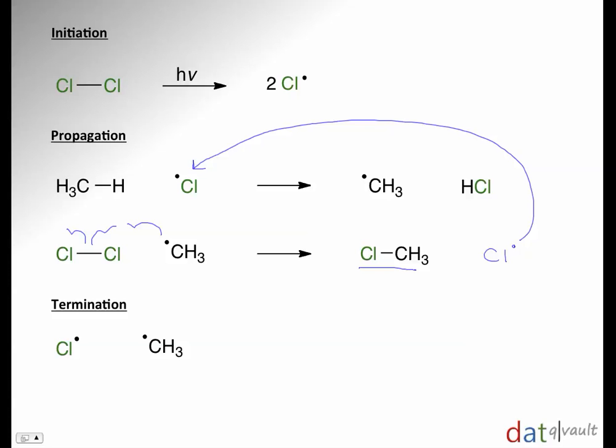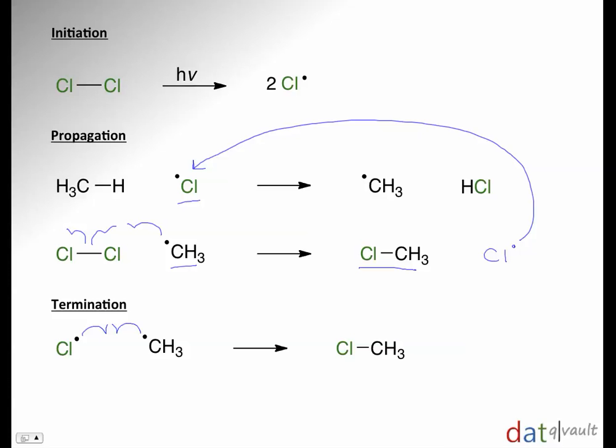So instead of the methyl radical reacting with a chlorine atom, we can have the methyl radical react directly with the chlorine radical, since there are quite a bit of those just hanging out in our reaction solution. So if this happens, we're no longer propagating any more chlorine radicals. Instead, we're forming our halogenation product, and we're terminating both of our radicals that we have in solution. That's why it's called the termination step.